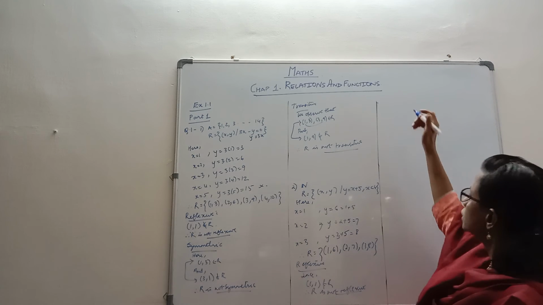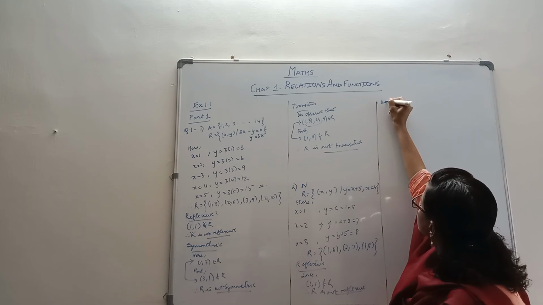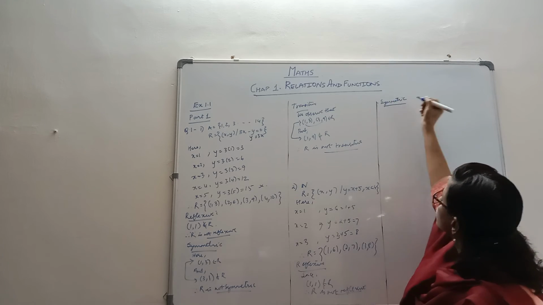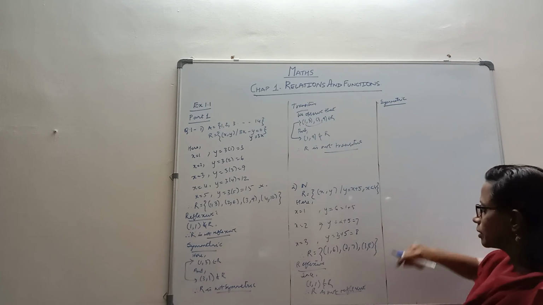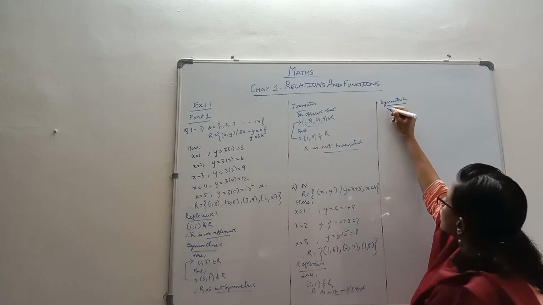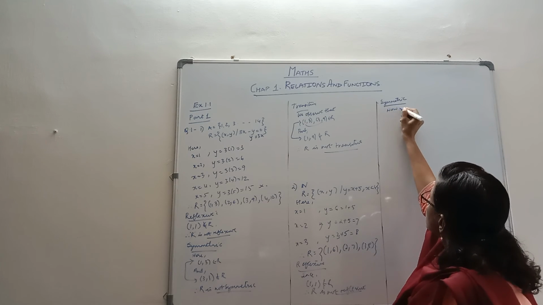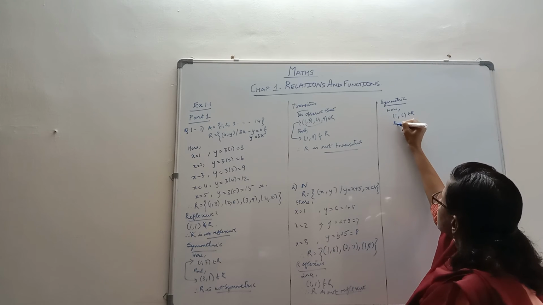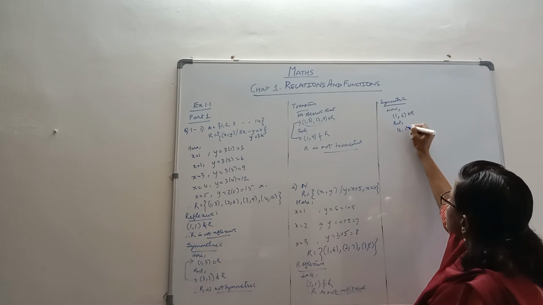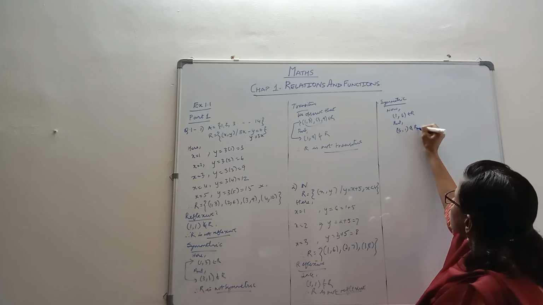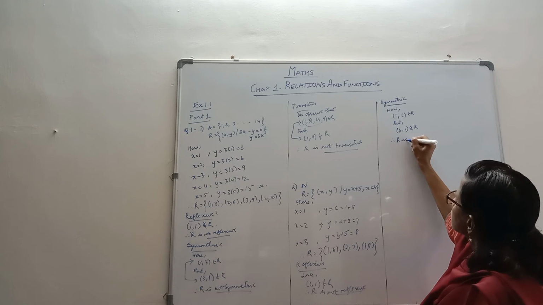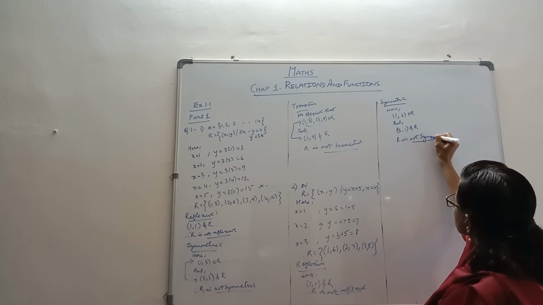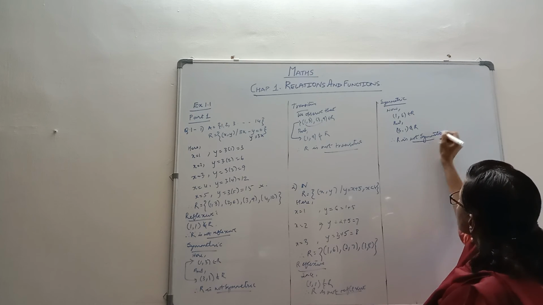Then we'll move to the symmetric. If you take any element, (1,6), (6,1) is not there. Now (1,6) belongs to R, but (6,1) doesn't belong to R. So R is not symmetric. Then transitive.